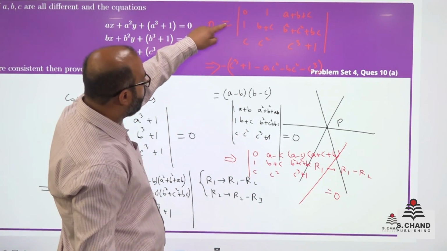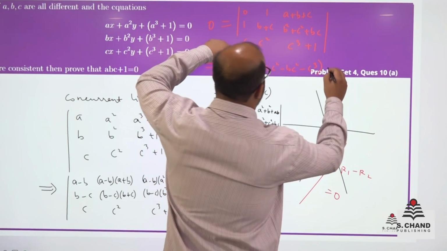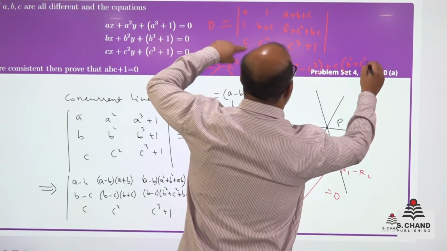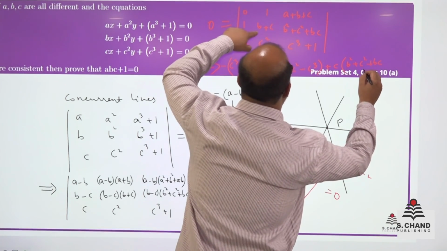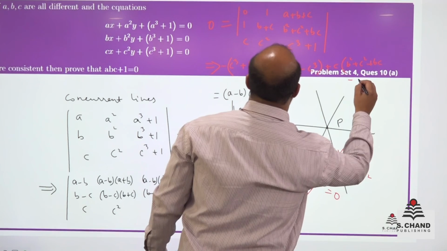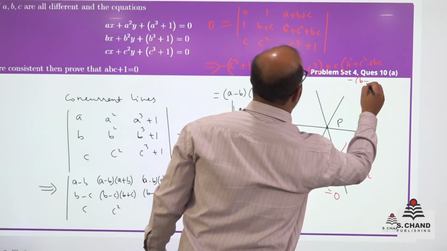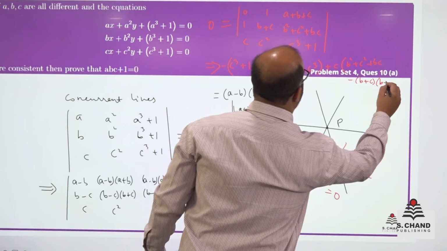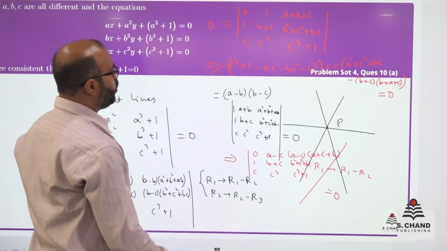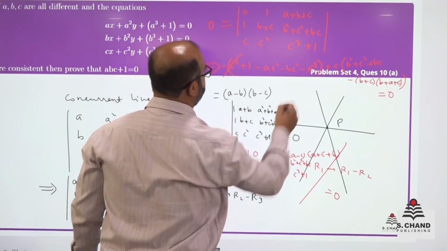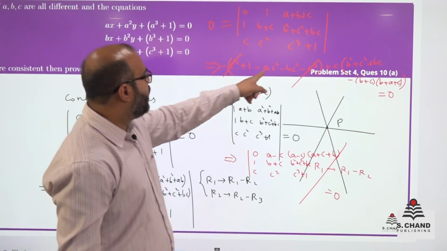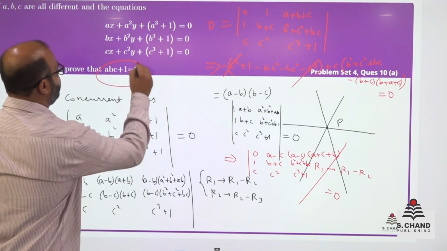And then for C, B square plus C square plus BC minus B plus C into B plus A plus C is equal to 0. Now here C cube will get cancelled, and when you proceed further, many terms will get cancelled and you will finally get ABC plus 1 is equal to 0.